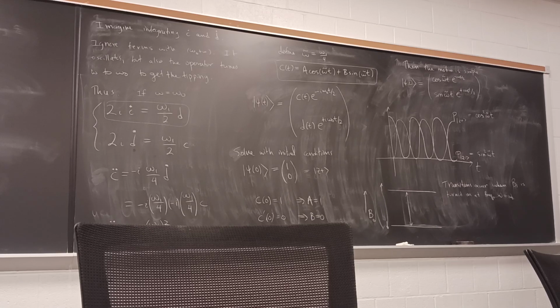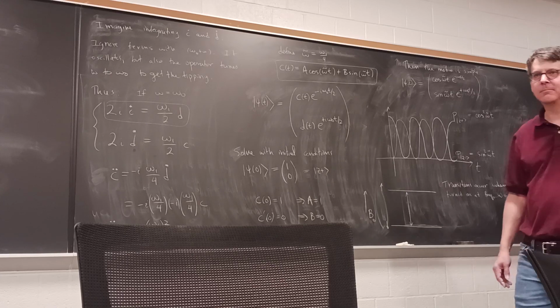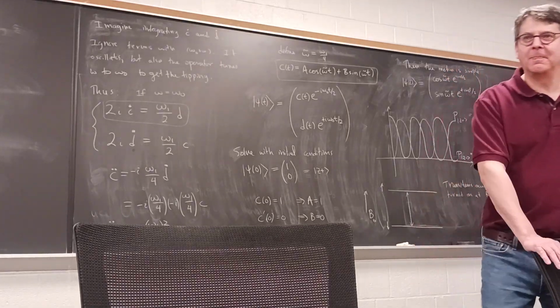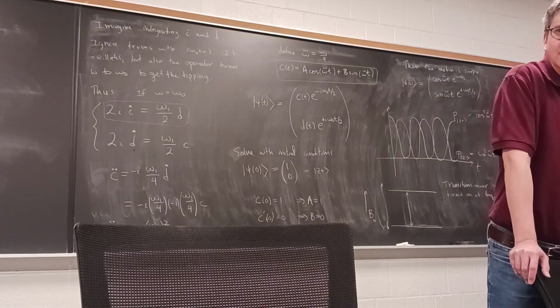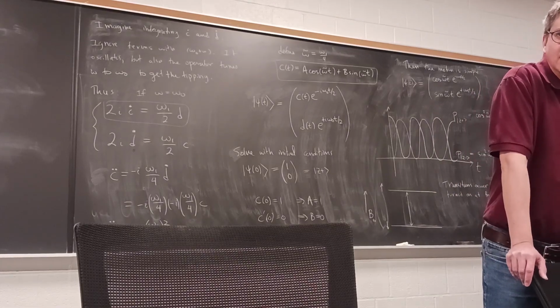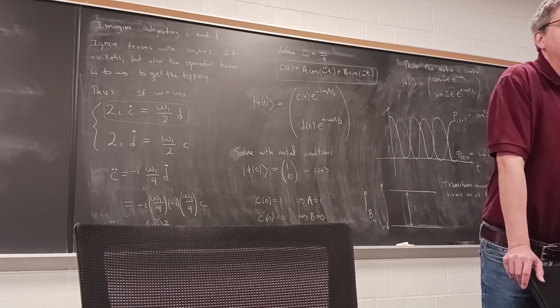So classically, the spinning bars force the current in the coil. What is the quantum mechanical explanation for that? Oh, let's see.